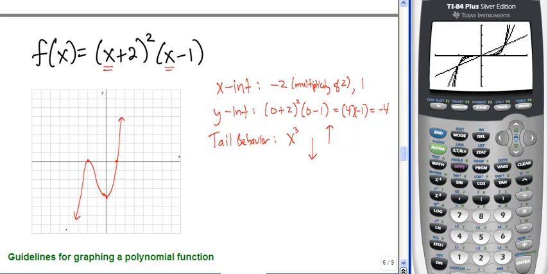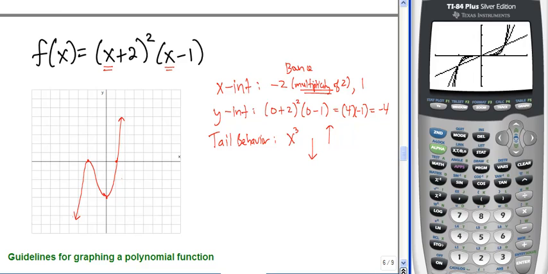So notice that we had a bounce, what we're going to call a bounce, at -2, which is the factor that had a multiplicity of 2. And that's going to be important to notice when we do future problems here.